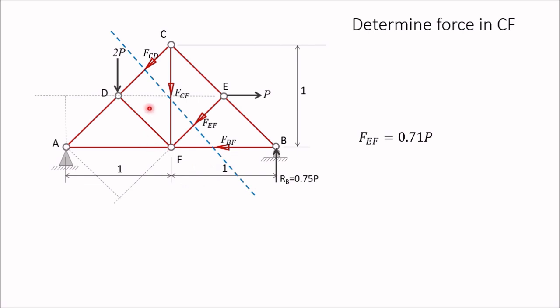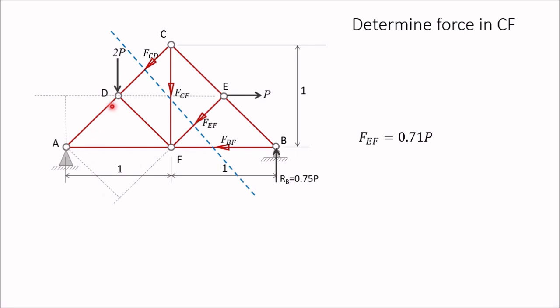For taking moment, we can see that the moment of FCD will be 0, and the moment of FBF is also 0. So we have to take moments of forces FCF, FEF, P and 0.75 P. So there are 4 forces. For FCF, the perpendicular distance is AF, which is equal to 1. For FEF, extend this force and draw a perpendicular.